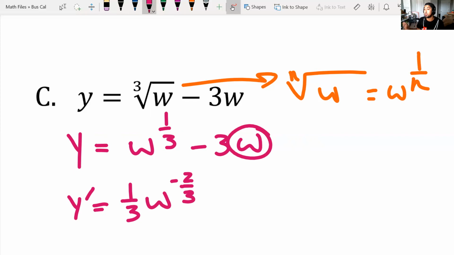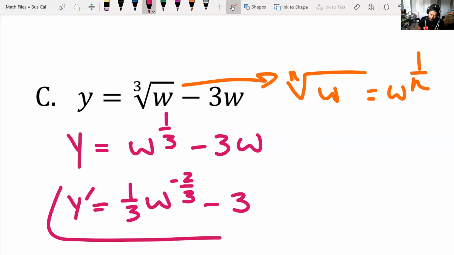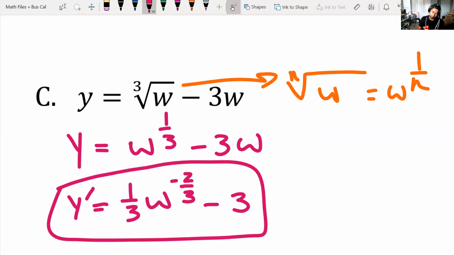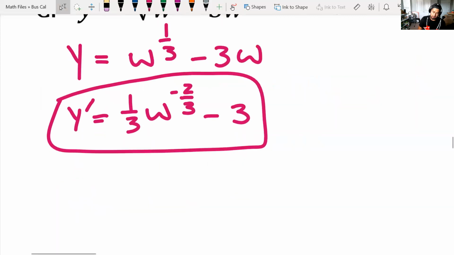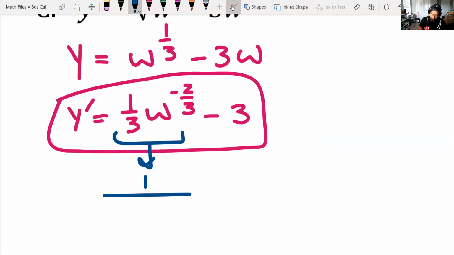It's the same as the derivative of x. A variable by itself to the power of 1 is always going to be 1. So this is going to be minus 3. That's it. And if you had to rewrite this part, that would be 1 over 3w to the 2/3 minus 3.